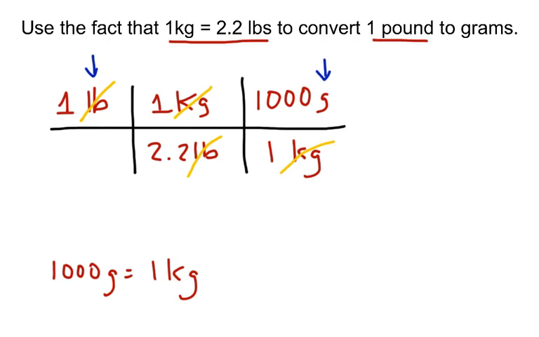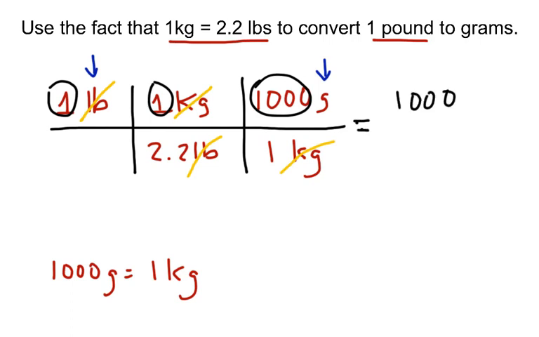The only thing left is to do my multiplying and dividing. I'm going to multiply these numbers across the top. I've got 1 times 1,000. And across the bottom I've got 2.2 times 1. So 1,000 divided by 2.2 will be my last step.